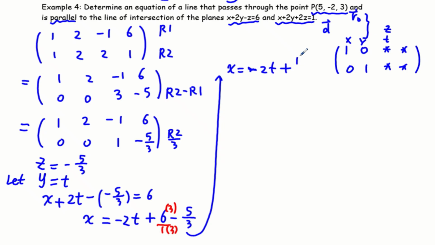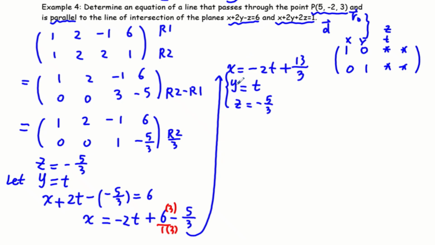So plus 13 over 3. That is our first equation for x. Then for the y, it's just y equals t. y equals t, z equals negative 5 over 3.